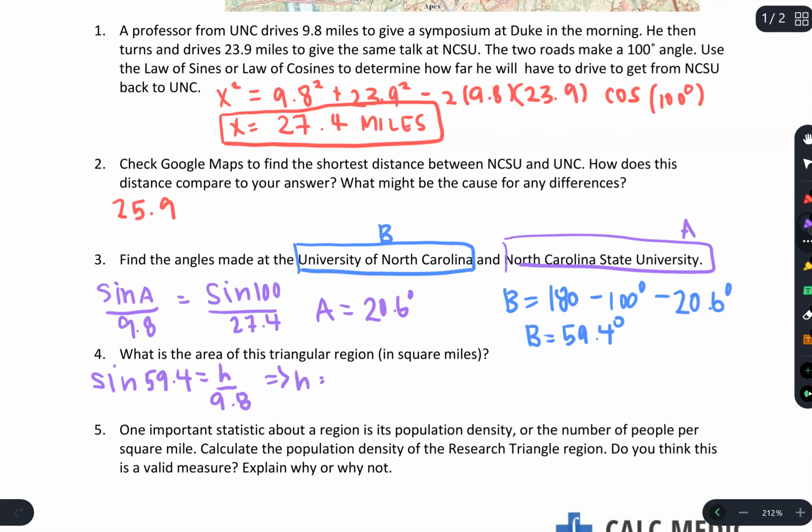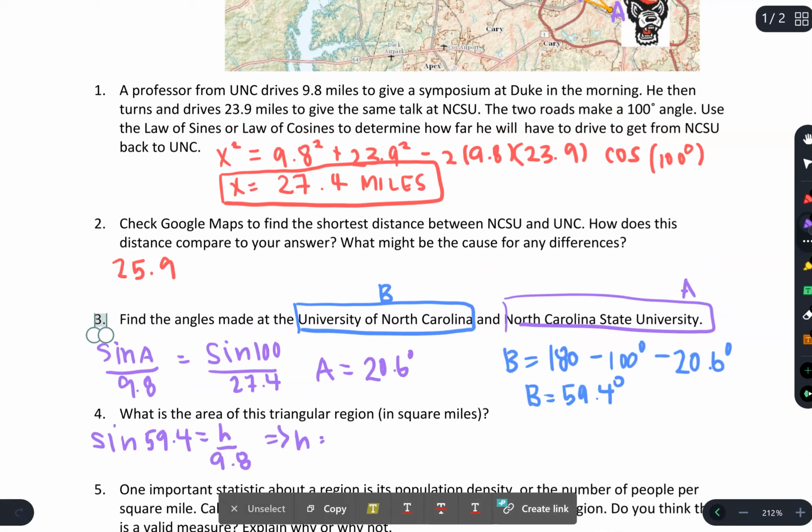So your height of your triangle is going to be what? 9.8 times sine of 59.4, which is what, 8.435?